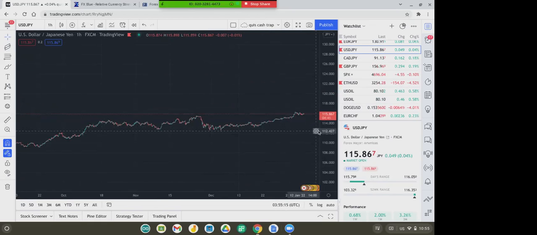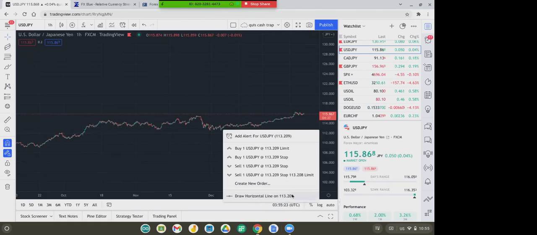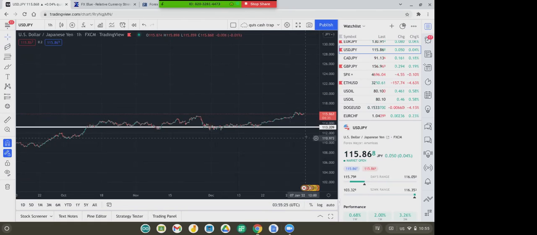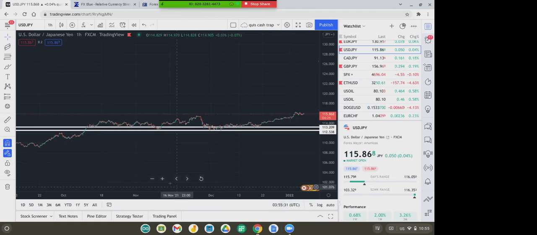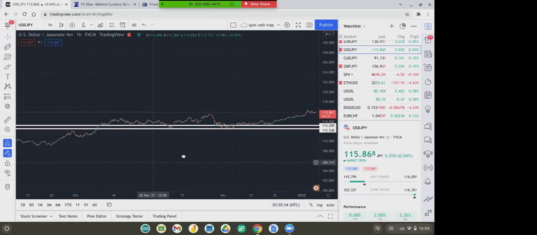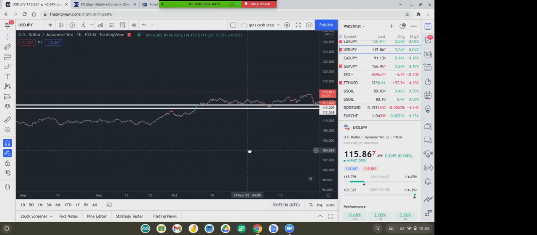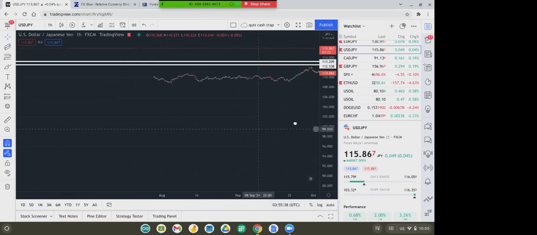Bam. We're gonna have one right here. Find support real quick. Boom. Now let's see how this is playing out. Let's see if it's strong.